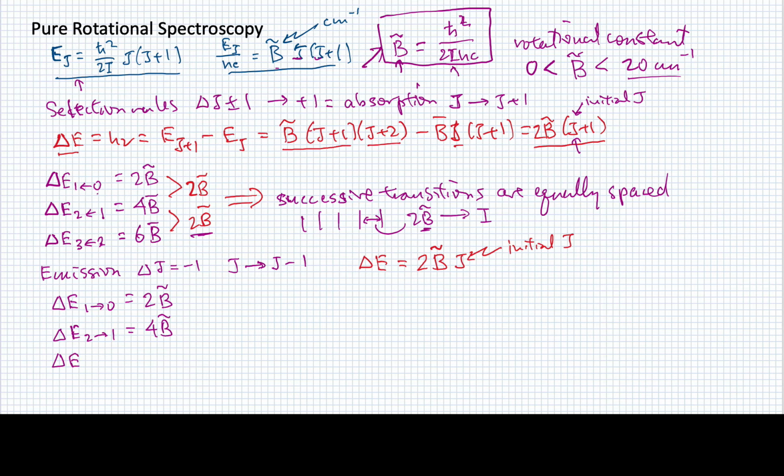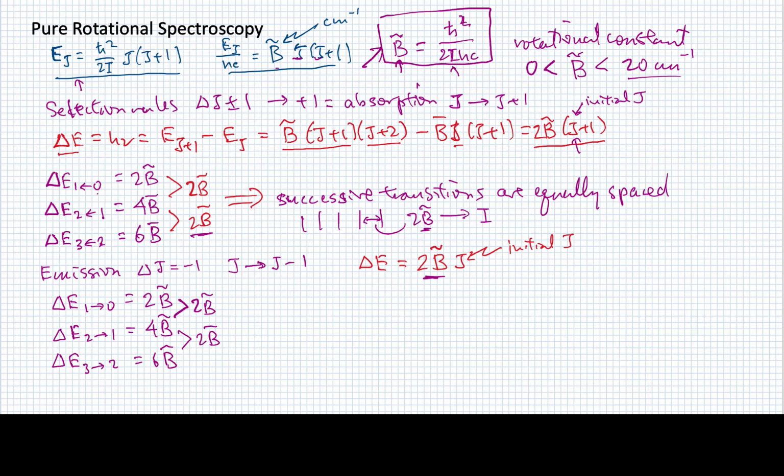And 3 to 2 will be 2 times 3, or 6B tilde. So you can see the same pattern is emerging, that these successive differences are all going to be the same amount. And so it doesn't matter whether we're looking at absorption spectra or emission spectra, we should be able to measure our rotational constant simply by looking at the spacing between the lines.